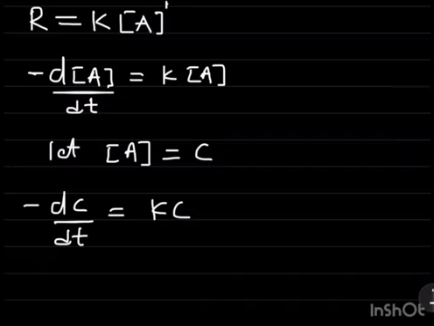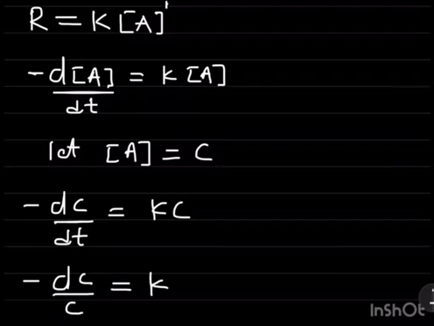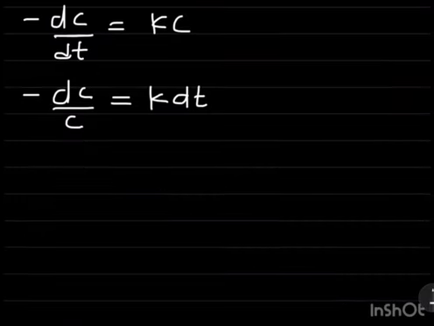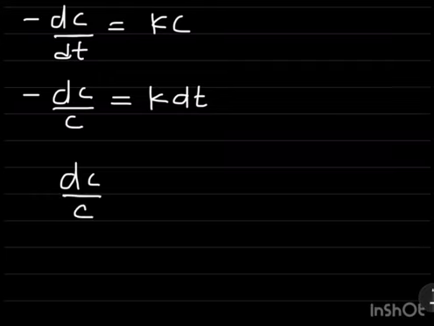Now let's rearrange this so that both sides will contain differential signs. So therefore we have minus dC over C equals k dt. So therefore we have dC over C equals minus k dt.